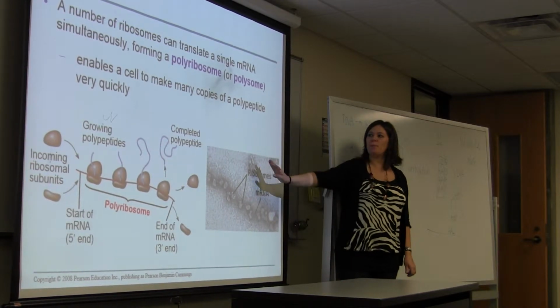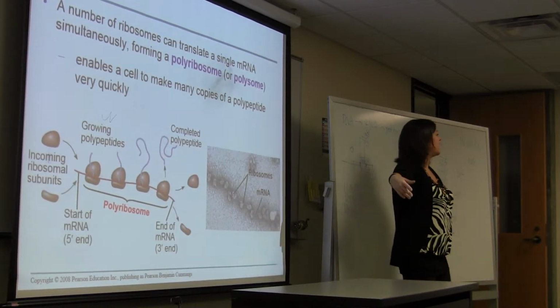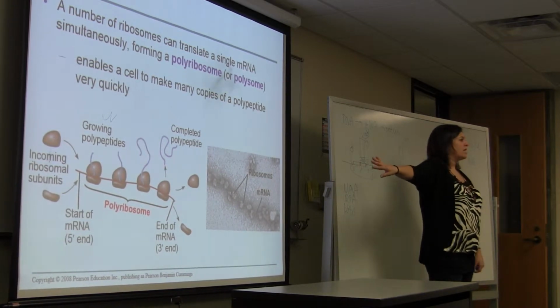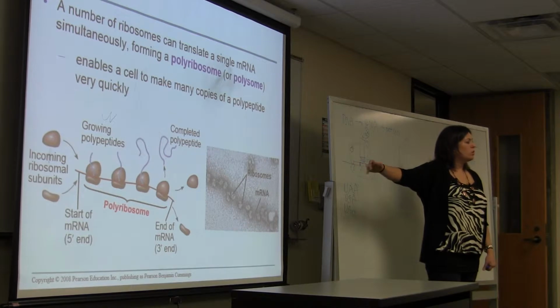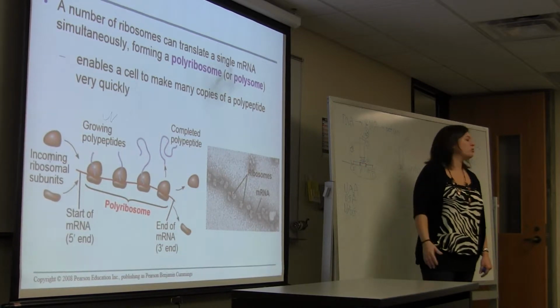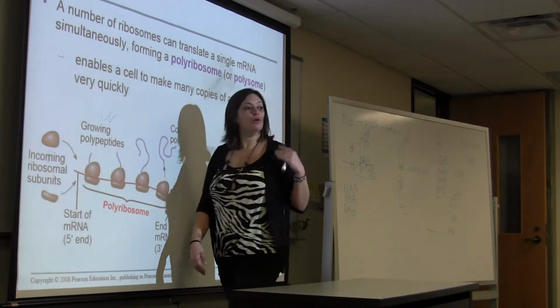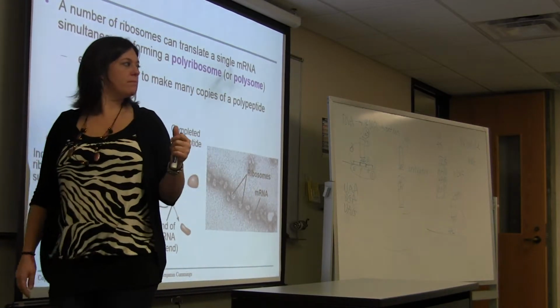This can happen in prokaryotes and in eukaryotes, because all this is happening outside of the nucleus. So at any given time, you can have multiple ribosomes on one piece of mRNA making multiple copies of a protein.